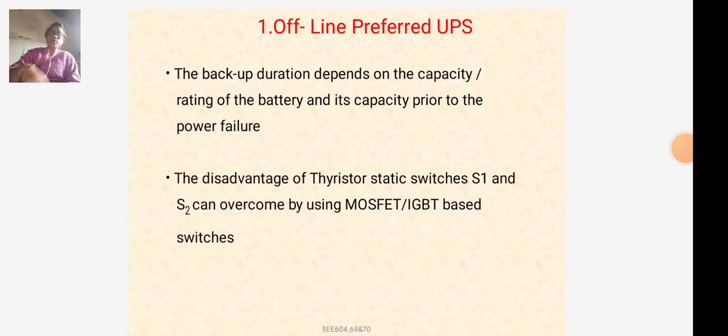Also, the backup duration depends on the capacity or rating of the battery and its capacity prior to the power failures. The disadvantage of thyristor static switches S1 and S2 can be overcome by using MOSFET or IGBT based switches.